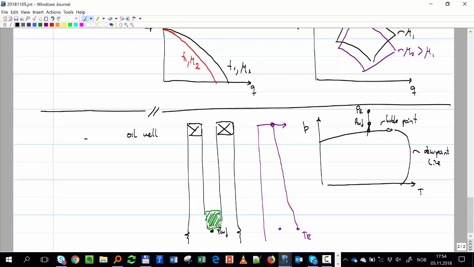What happens when you cross this line here? When I exactly cross the bubble point line, two phase, yes.